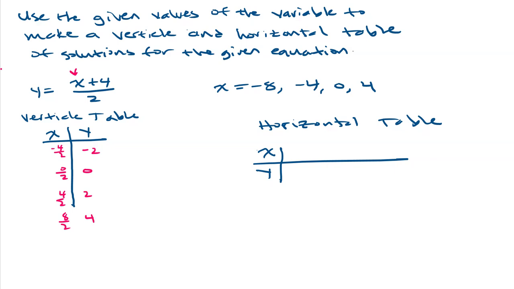Okay. And then we did exactly the same thing for the horizontal table, right? Well, we already did it for the vertical table, so we'll just write the same thing that we got from the vertical table.